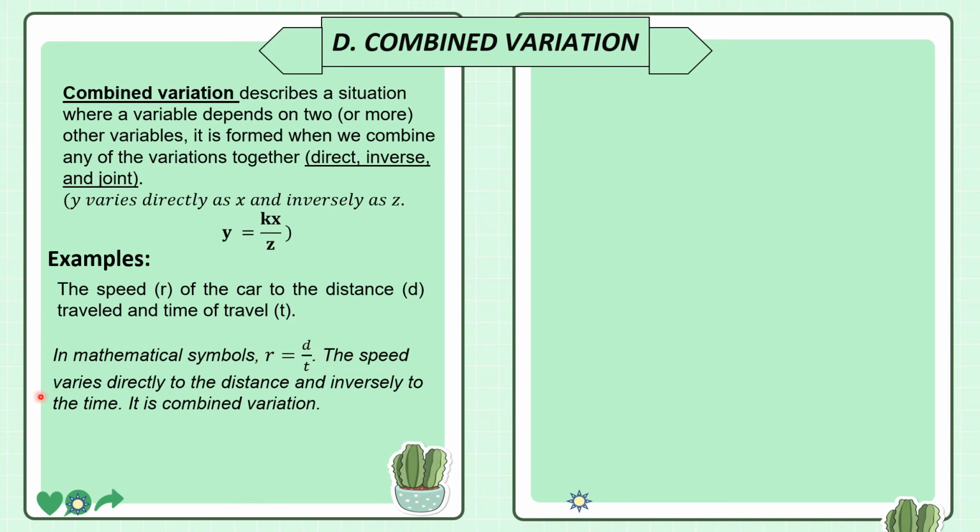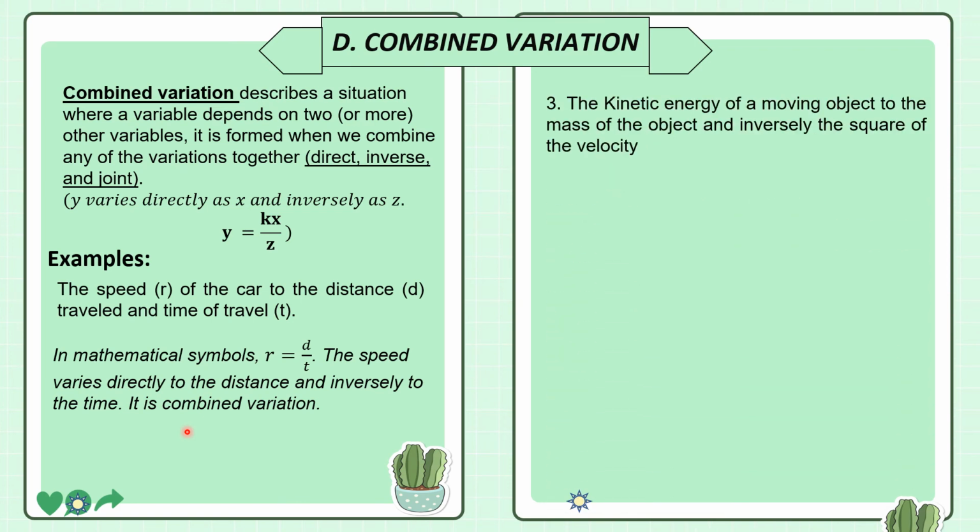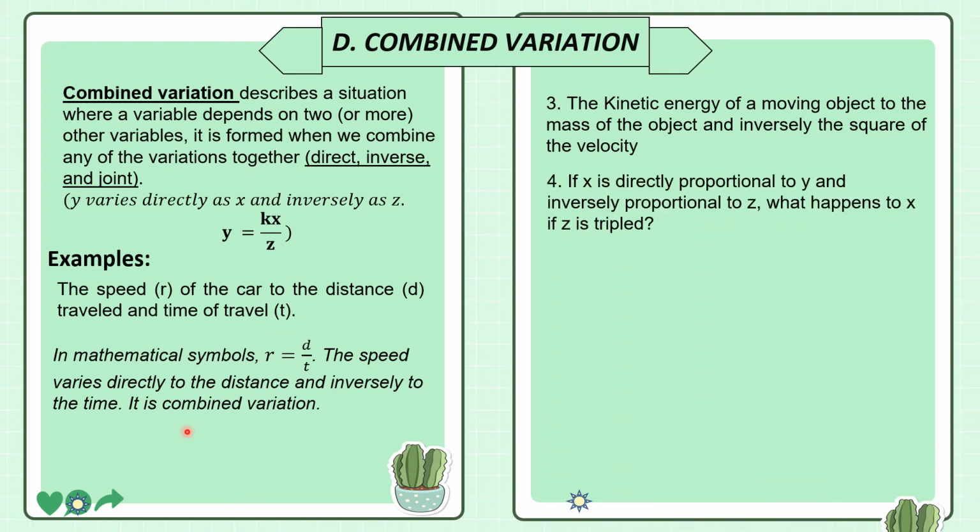Since the speed varies directly to the distance and inversely to the time, it is an example of a combined variation. Number three, the kinetic energy of a moving object to the mass of the object, and inversely the square of the velocity. So this one is also an example of a combined variation.